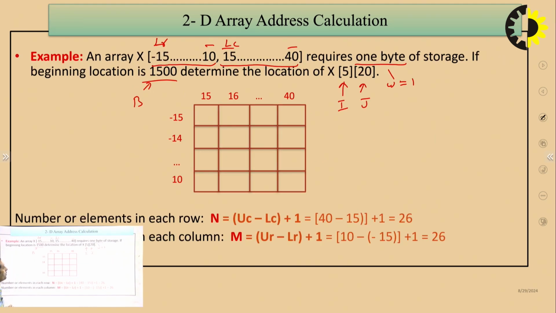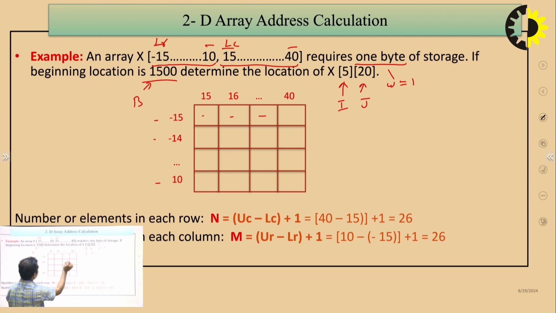N is the number of elements in each row. In this figure the row index starts from minus 15, then minus 14, up to 10, and the column index is 15, 16, up to 40.